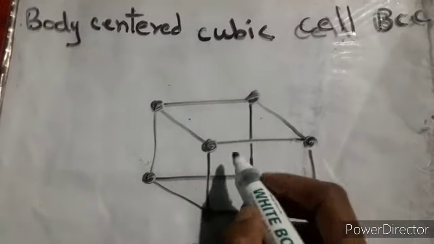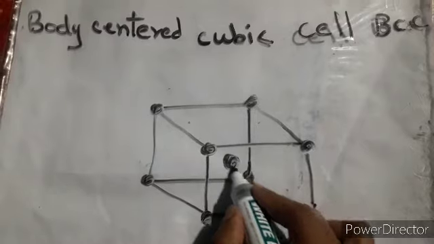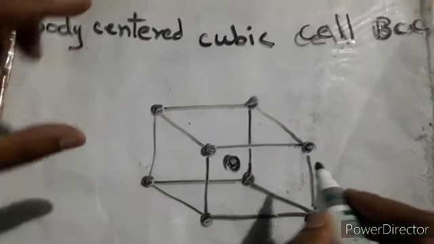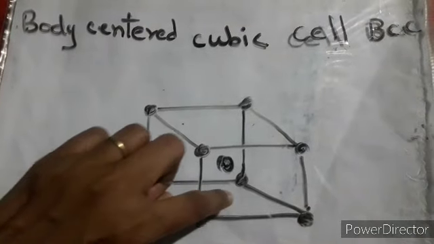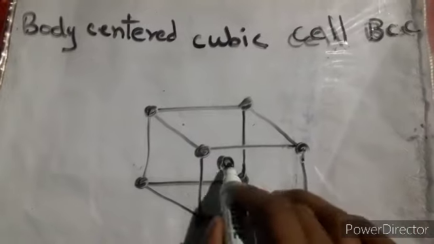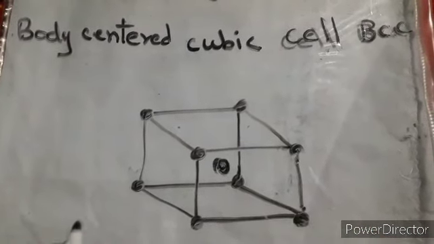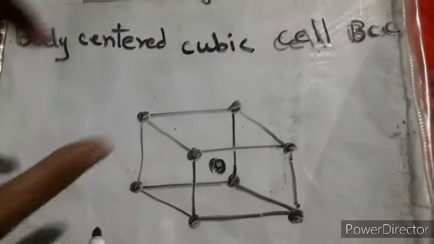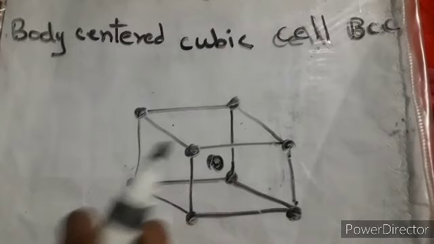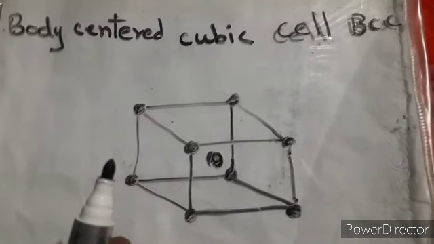It means one atom will be inside this solid, inside of this object. It's not outside on the faces. No atoms will be placed outside on the faces, right? So 8 will be on the corners and 1 will be inside the body of the unit cell. So this case is your body centered cubic cell. I'm showing you this because this is the first case where you have to understand what these three mean. Later on we'll discuss with different points also.